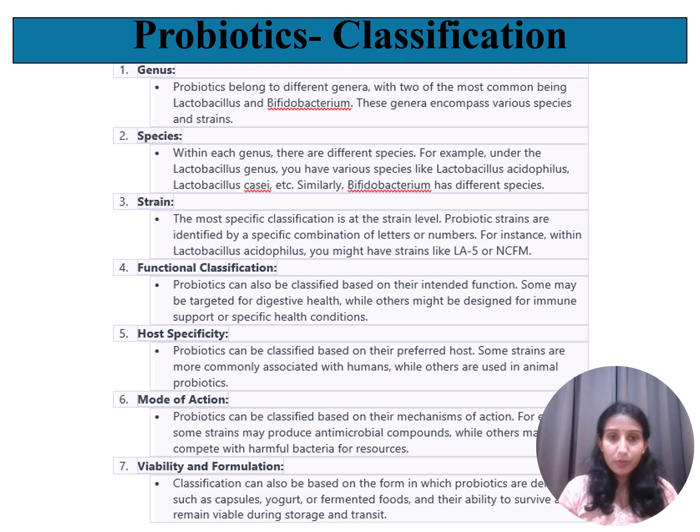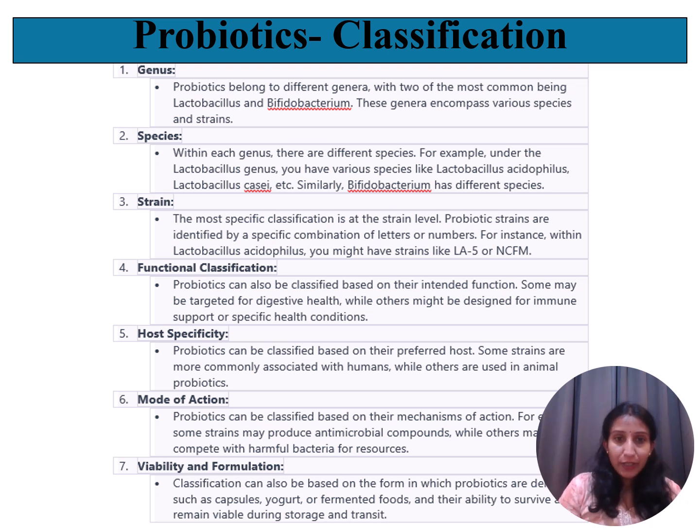The genera could belong to Lactobacillus, Bifidobacteria, Streptococcus, or Enterococcus. This is the genus level classification of probiotic microorganisms. We can also have species level classification. Within each genus, there could be different species. One such example could be Lactobacillus acidophilus, Lactobacillus rhamnosus, or Lactobacillus casei.